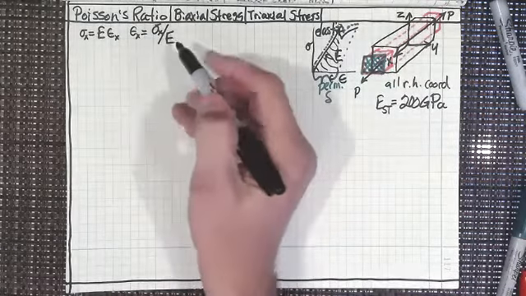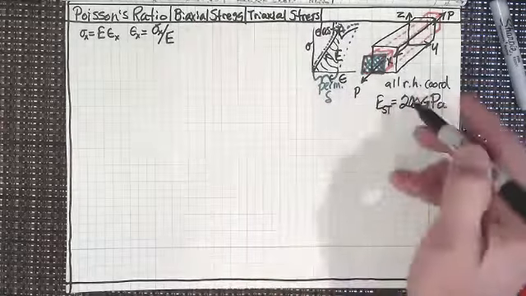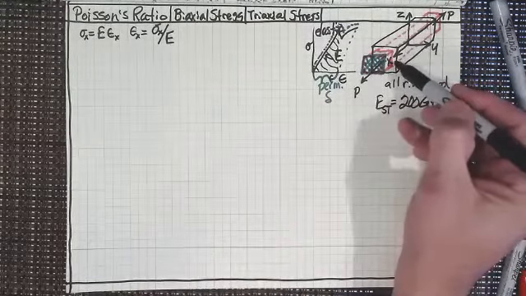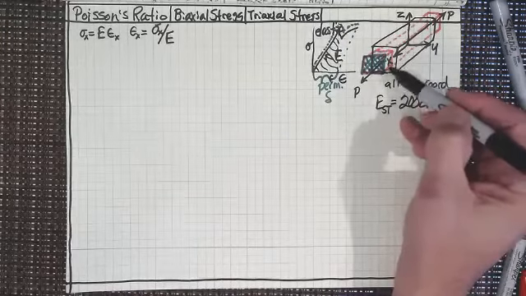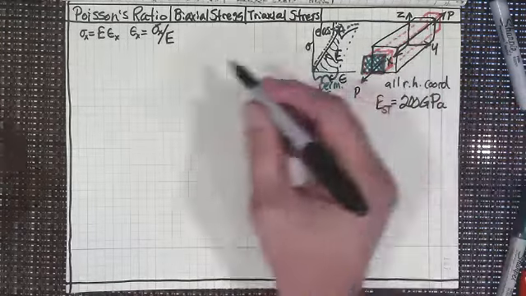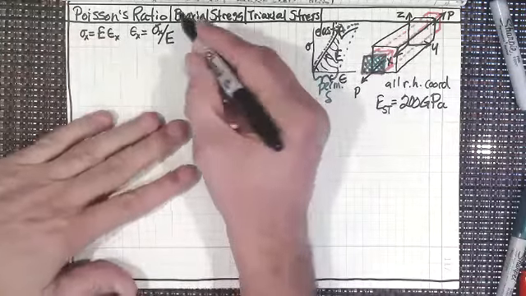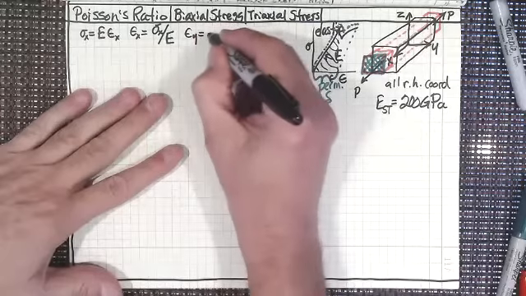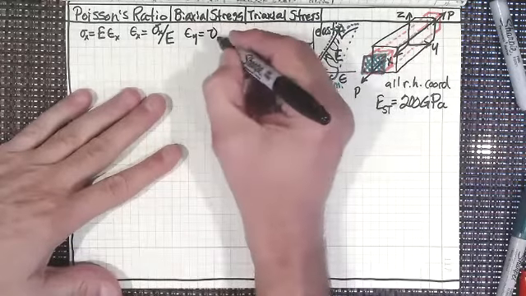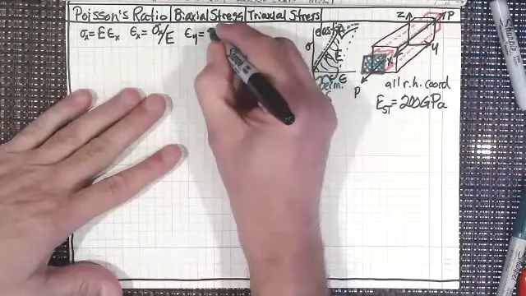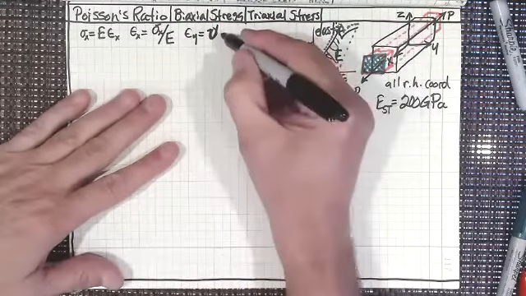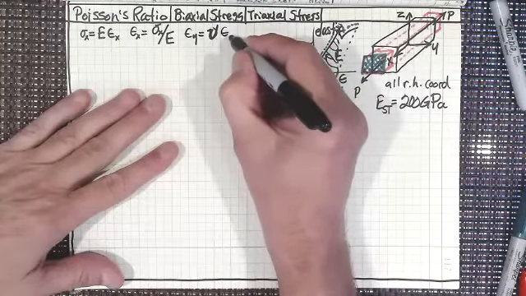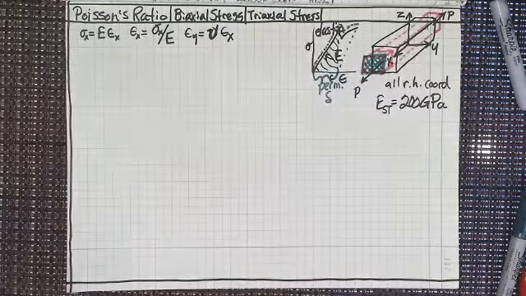We've got the strain in the x direction. Then what we know, because it's getting smaller in the y direction and the z direction, is that the strain has got to be negative in those two directions. So the strain in the y direction is Poisson's ratio, I'll talk about that in just a second, times the strain in the x direction.